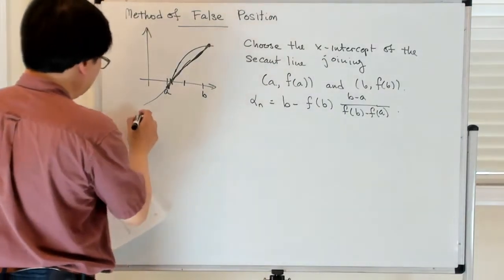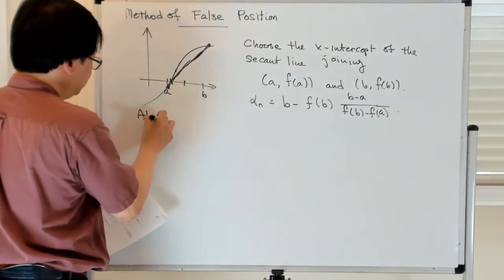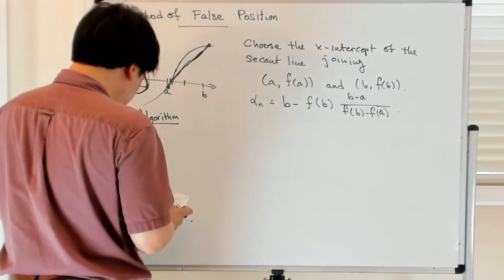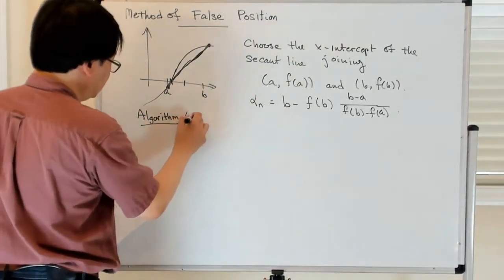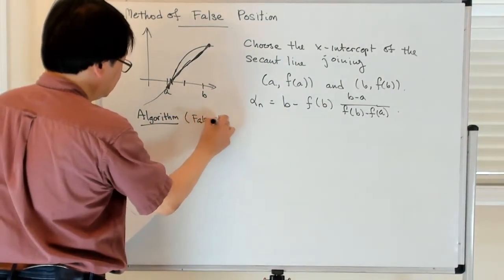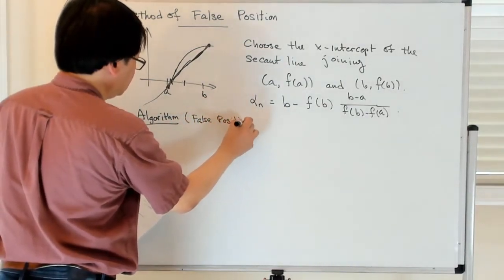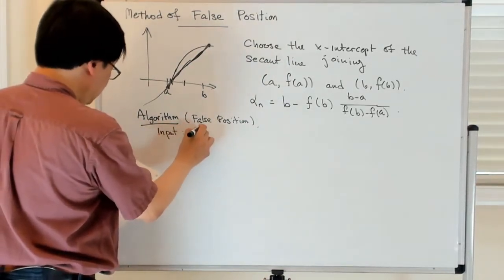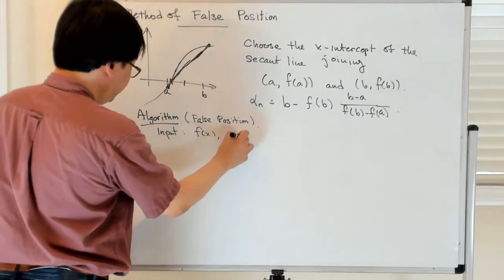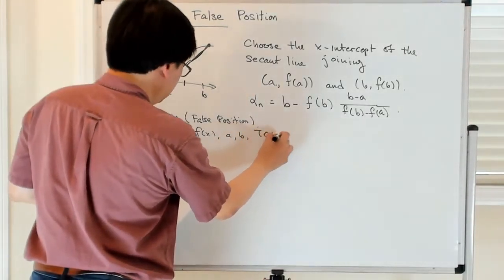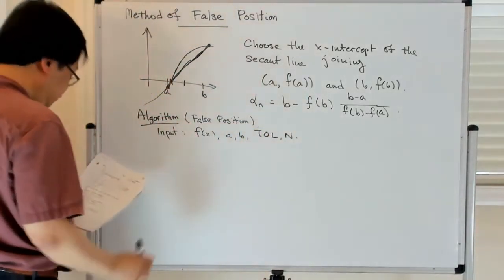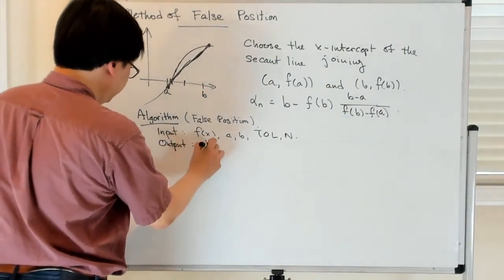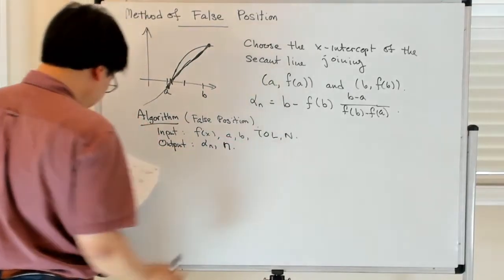So let me just state the algorithm. Much of it is very similar to the bisection method. So this is false position. Your inputs are the same. You want f(x), you want a, b, you want a tolerance, and you want the maximum iteration, and the output is alpha n and the number of iterations n.